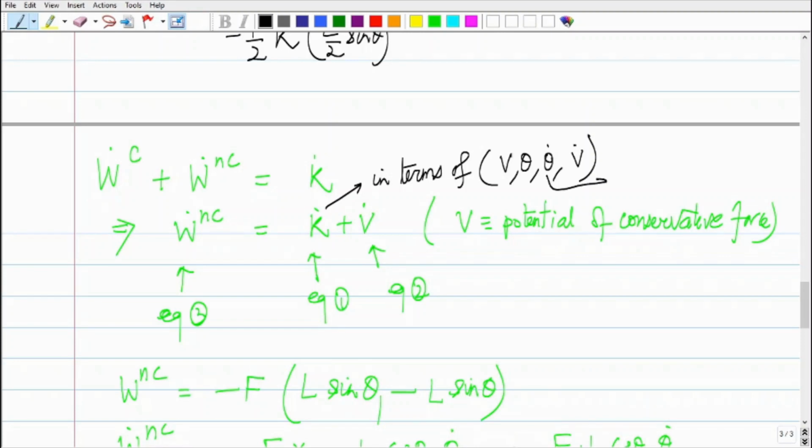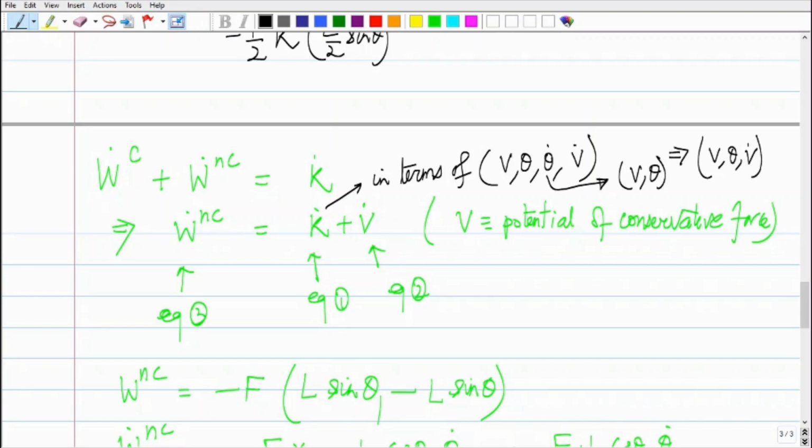But theta dot itself is a function of V and theta, the omega. So this is finally a function of V, theta, and V dot.